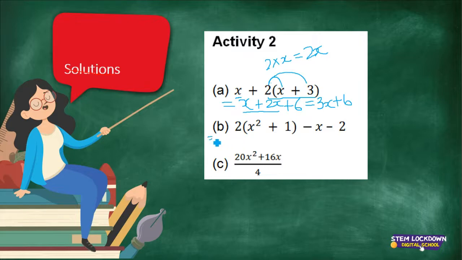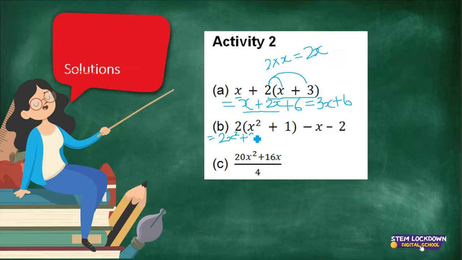I will say 2 times x, 2 times x squared, and that will be 2x squared. Okay, that is simple. And then what is 2 times 1? 2 times 1 is 2.